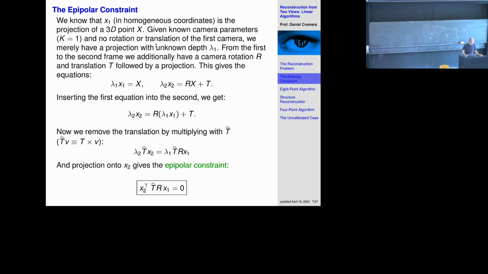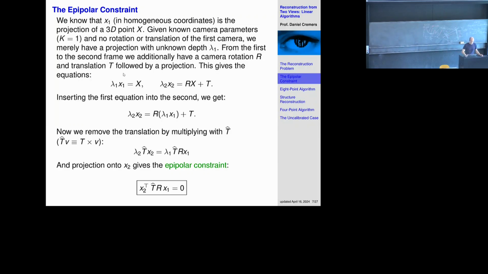So here, let's go through it step by step. This is basically the projection onto the first image. Why is that? This distance of the 3D point to the camera center, let's call it lambda 1. And the same distance with respect to the second camera center, this one here, we call it lambda 2. So this distance.